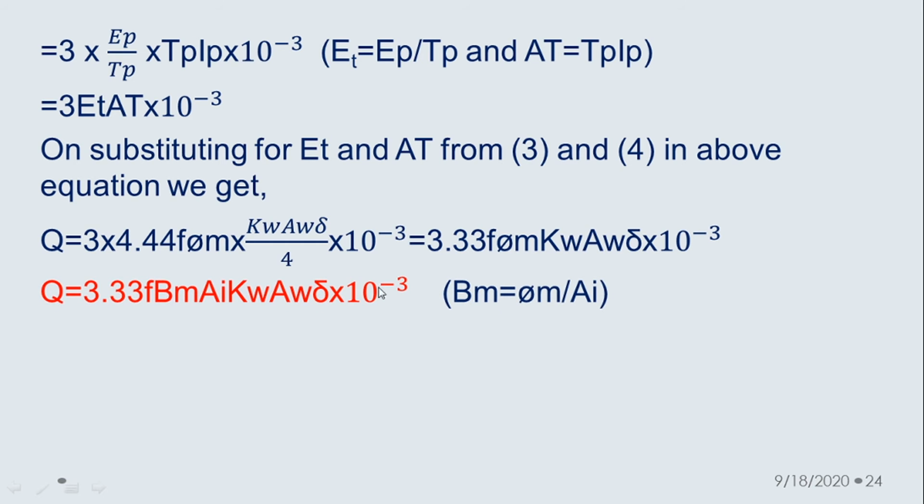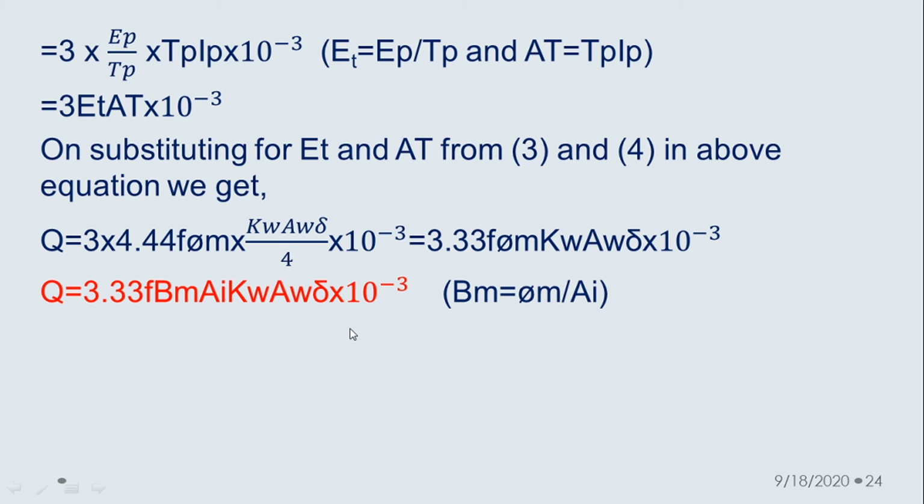If you substitute, Bm is nothing but phi-m divided by Ai, so Bm is the flux density, which is flux per unit area. Instead of phi-m you can write Bm into Ai. So Q is equal to 3.33 F Bm Ai kW AW delta into 10 to the power minus 3.